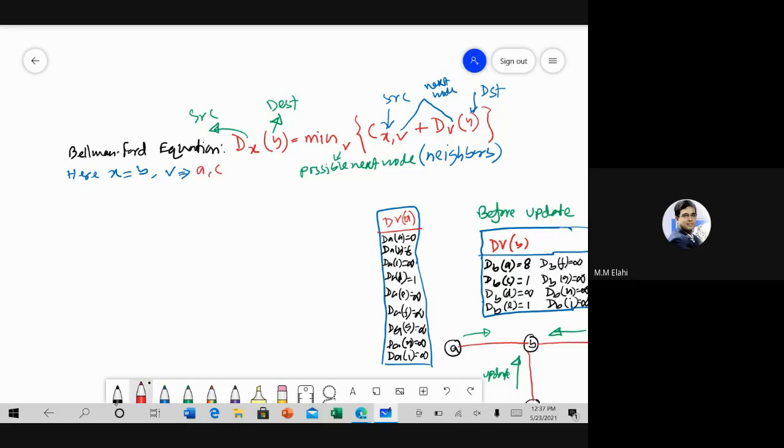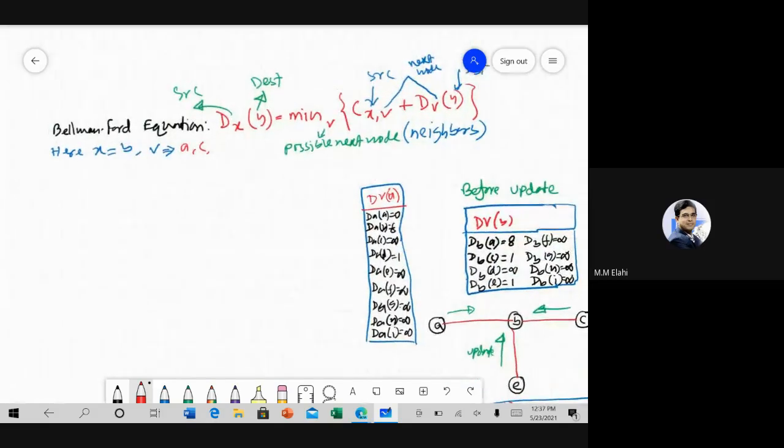A, C, and what other node? E. Okay, so these are the neighbors, but B needs to update every entry of the table.